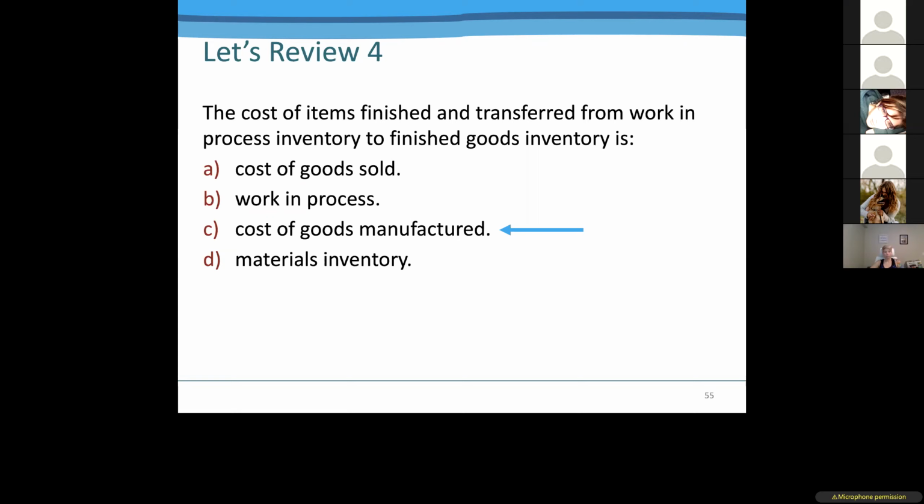So you transfer the completed item to the finished goods inventory. So this is the cost of goods manufactured. When you sell the goods in finished goods inventory, that's when you transfer the goods to the customer. At that point, that would be a cost of goods sold, right?